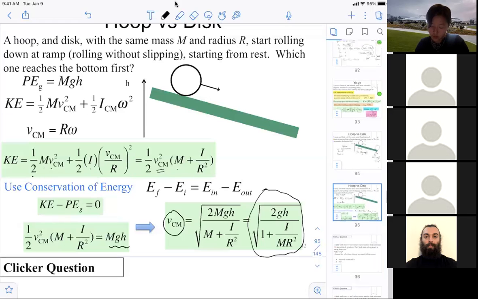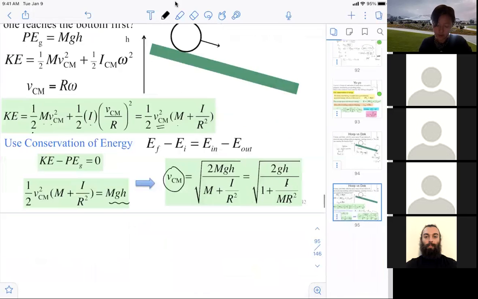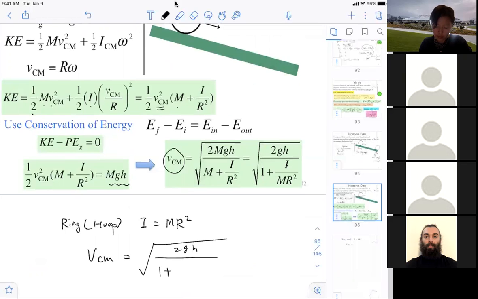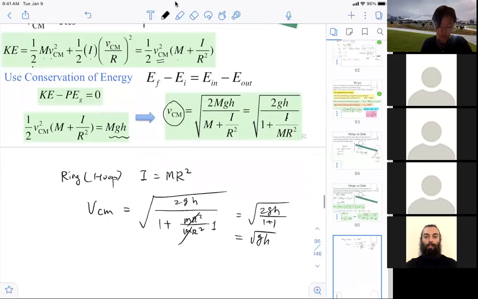If you were talking about a ring or a hoop, since its I is mr squared, let me plug that into my equation. You will say mr squared divided by mr squared. This becomes 1, right? So this becomes 2gh over 1 plus 1, and that is square root of gh. So that's for a hoop.